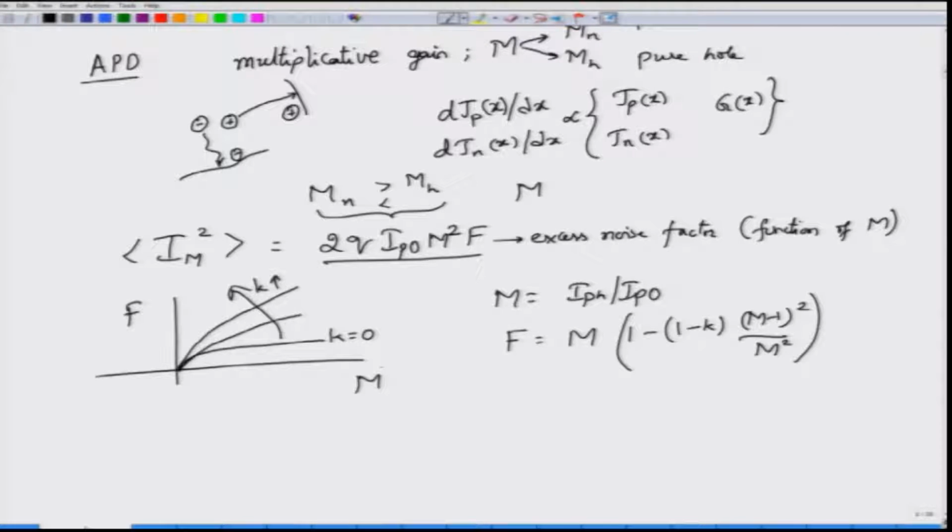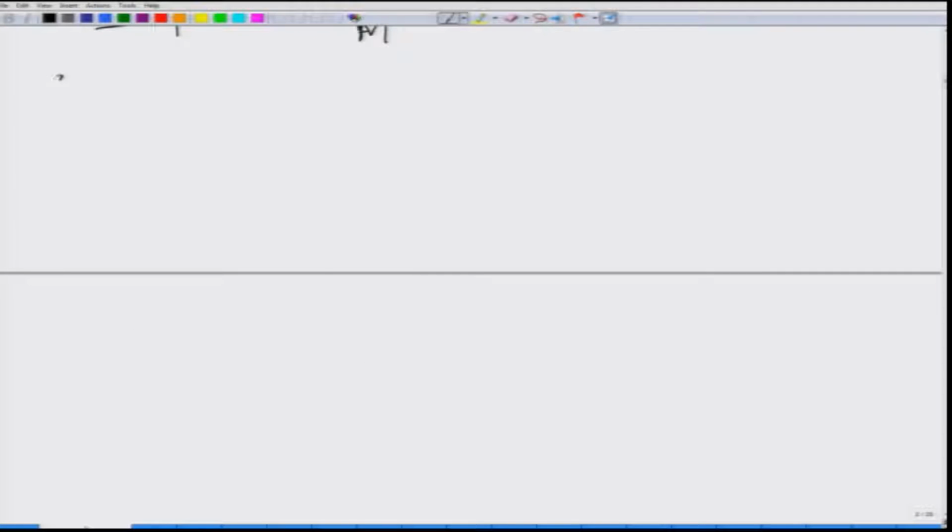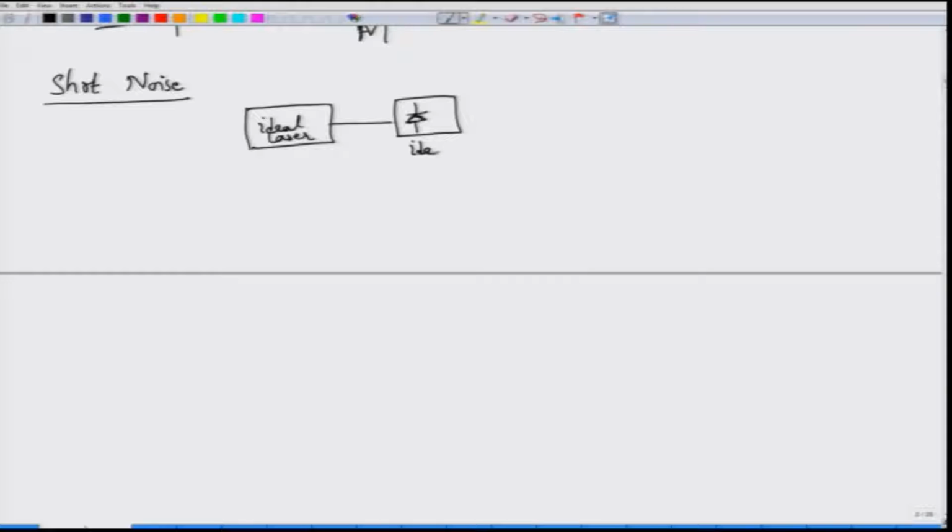Another noise process in the photodiode, which is very important, is called shot noise. Suppose you take an ideal light source, an ideal laser, and give it to an ideal photodetector. This photodetector simply responds by generating one electron-hole pair whenever it absorbs one photon.